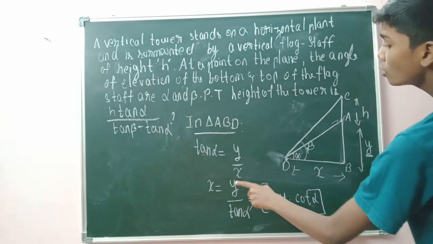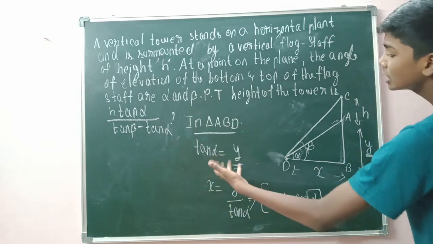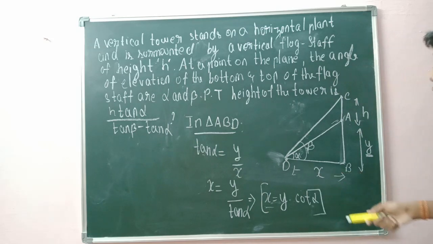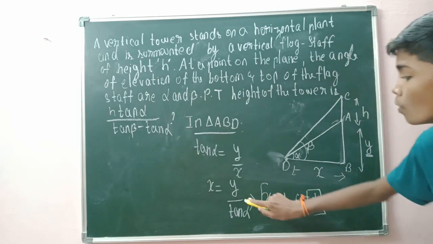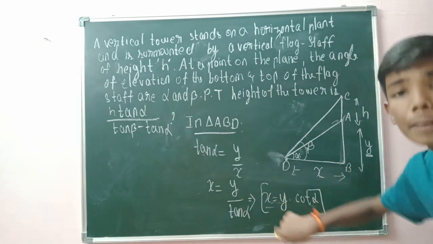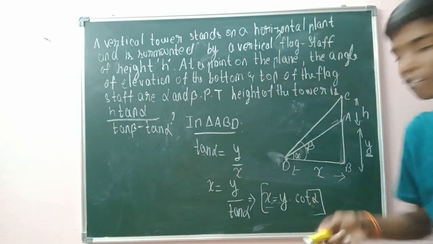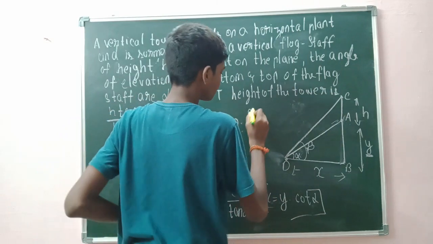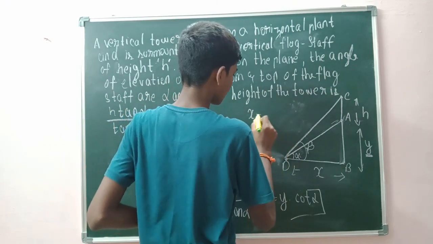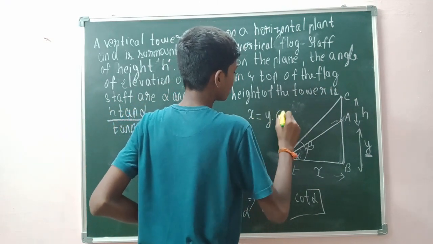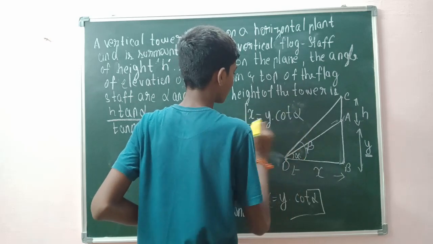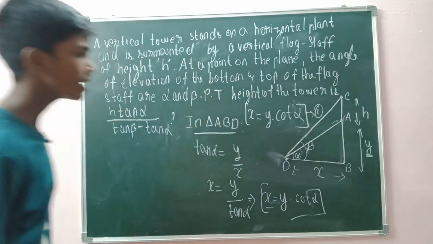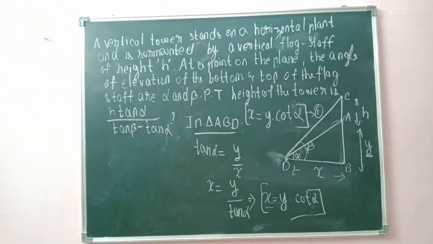So x is y by tan alpha, which is y times cot alpha. Let me keep this as equation 1.